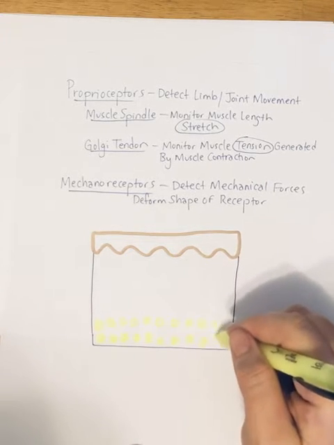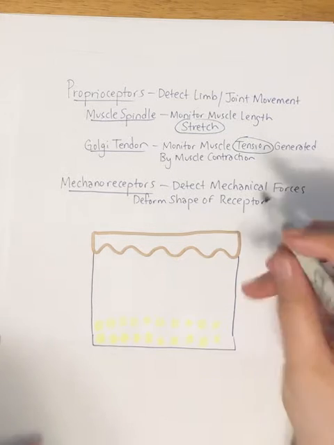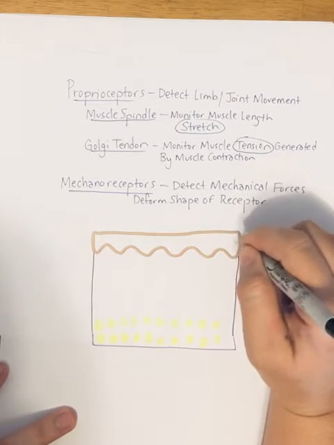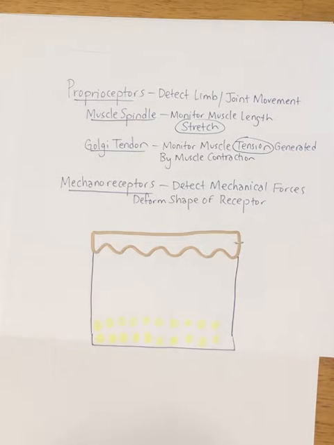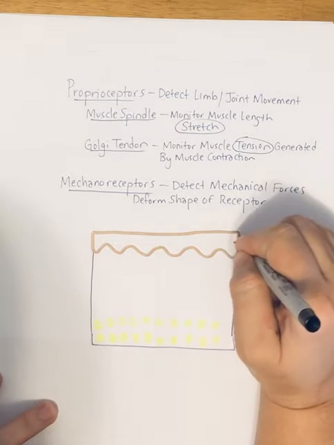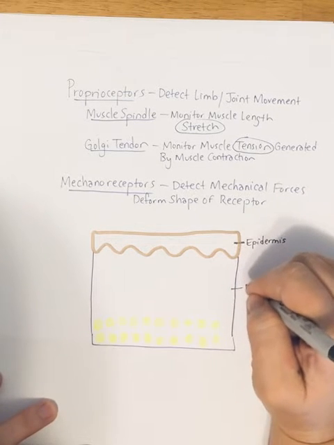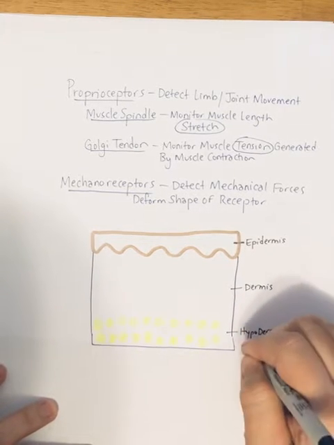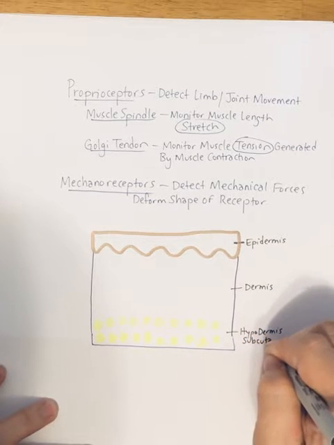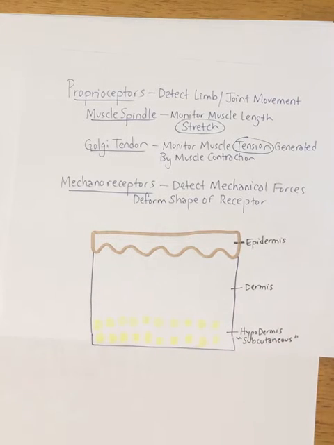This is our skin. Epidermis is the outer layer of skin, dermis is the middle region, and then the 3rd layer is called the hypodermis, also called the subcutaneous. Cutaneous means skin region.